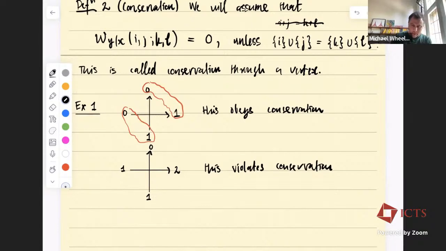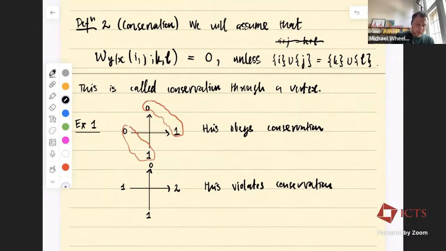So the reason why we want conservation to hold is it leads to a nice interpretation of these models in terms of lattice paths. If what comes into the vertex has to leave the vertex, there's a natural way to identify this with lattice paths, which is completely standard. And that's simply to draw some colored edges on the vertex.